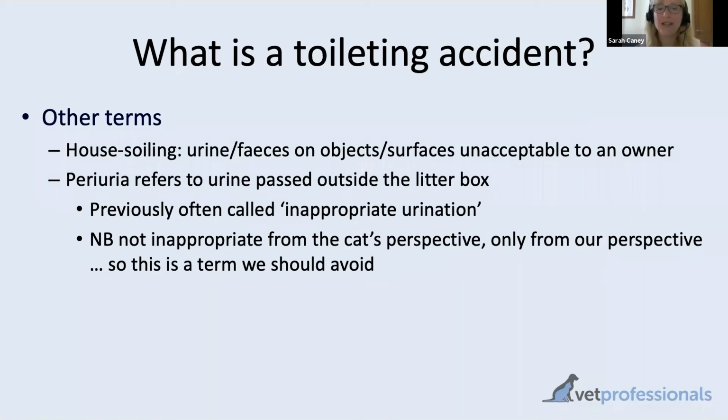It's just unfortunately the case that from our perspective, the location the cat has chosen doesn't suit us. So again, it comes down to understanding why might the cat choose to, for example, urinate on the hall carpet or on our bed. So if possible, like me, try and avoid using that word inappropriate associated with toileting accidents. House soiling is probably a better general term.